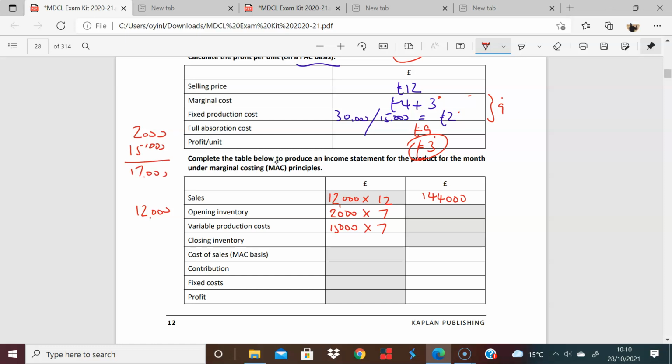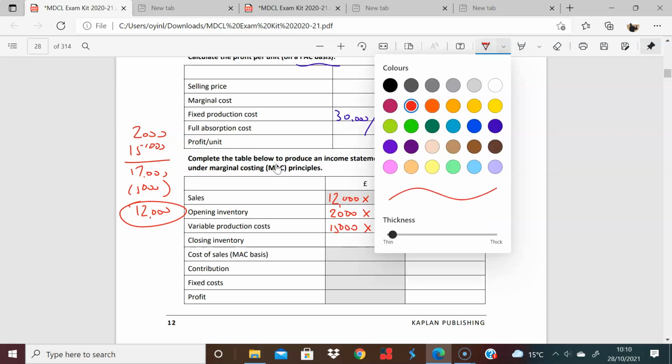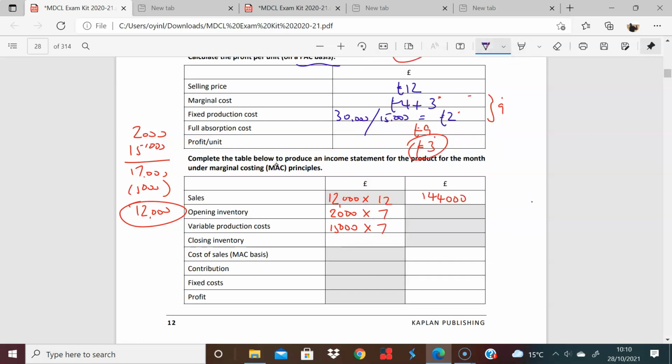And then if you sold 12, it means you have 5,000 left, doesn't it? So your closing inventory must be 5,000 units, mustn't it? Because 2 plus 15 minus 5 is equal to 12.